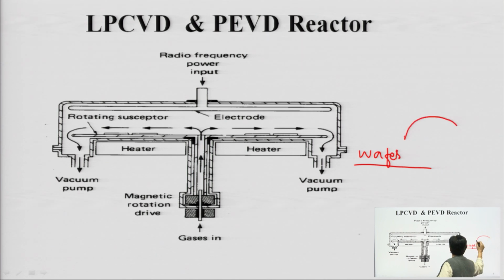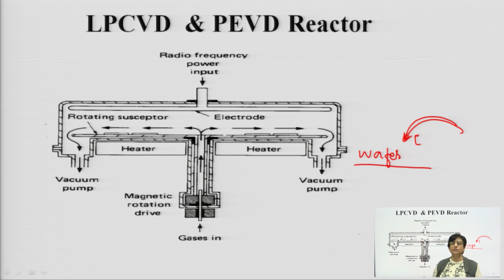Suppose I want to have copper, or some other material to be deposited. Those species will be allowed to flow inside the chamber and you will have this rotating susceptor, to ensure uniformity in the deposition process.